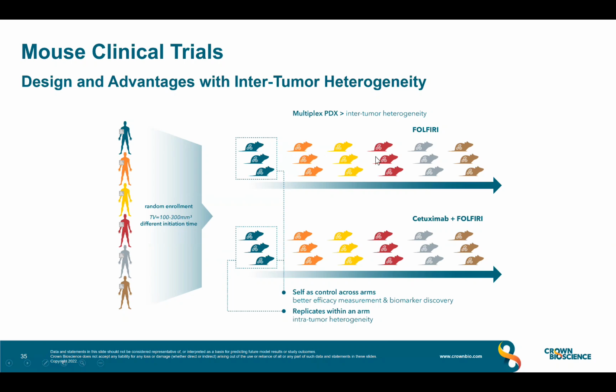Multiple PDX represent intertumor heterogeneity, while the biological replicates within one arm introduce intratumor heterogeneity of original patient tumors. The design of mouse clinical trial allows for better efficacy measurement and biomarker discovery.